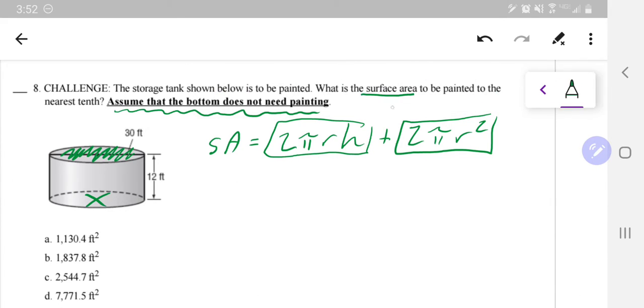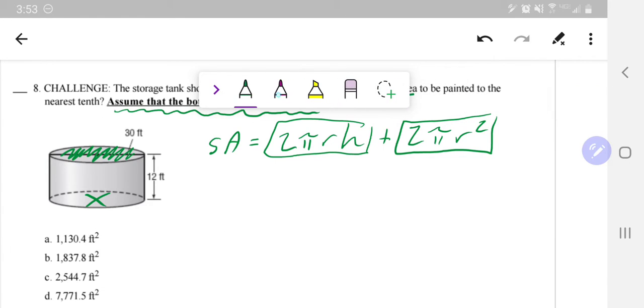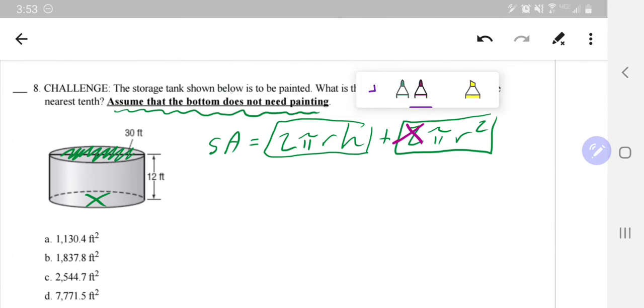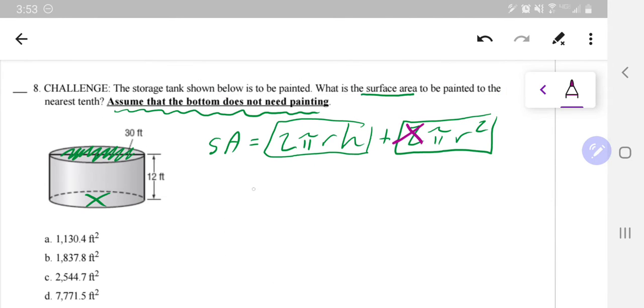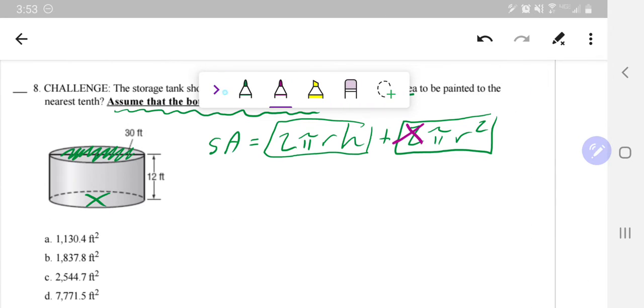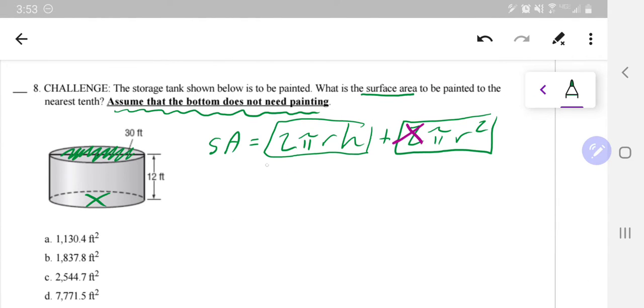It's on the ground. No one's going to see that. And it'd be hard to kind of lift the whole oil tank up and paint it. So what we're going to do to adjust this is we're going to cross off that 2. So we're only going to do one of those bases, and this is how we're going to do it. Now that we've adjusted, we're going to substitute in, and we have the diameter of 30, so we only need 15 for the radius, and the height is 12.